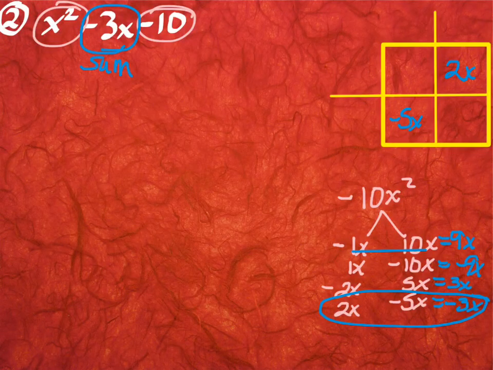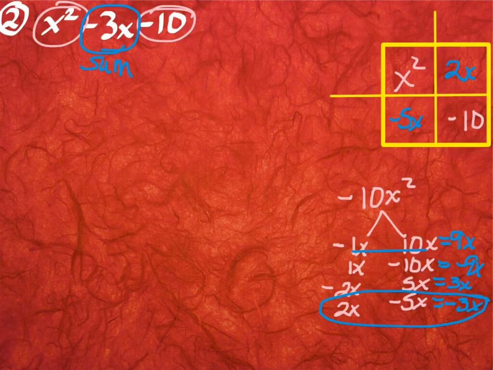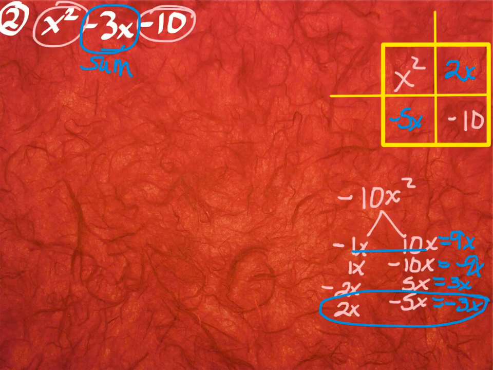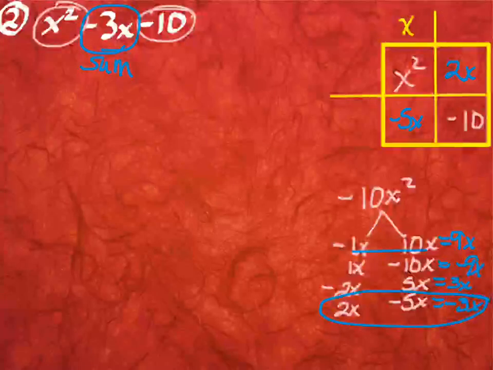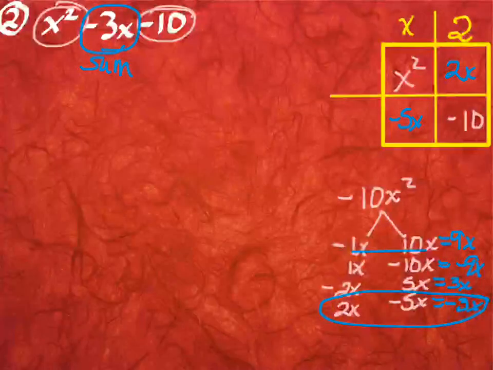Now let's create the other numbers, x squared and negative 10. Looking at each row or each column, we're going to look for the common factors. So let's start with the first column. X squared and negative 5x gives us an x that's a common factor. 2x and a negative 10, excuse me, negative 10 gives us a 2 that's a common factor.